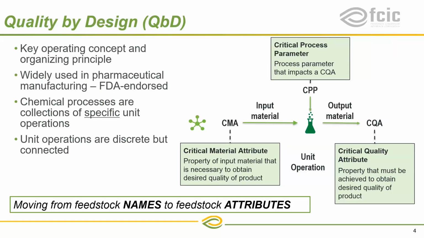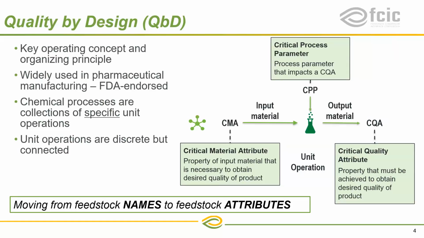And each of these unit operations, as shown in the graphic here on this picture, we have input materials, we have output materials, and that unit operation gets operated in a certain manner. Now, the attributes of the input materials are called critical material attributes. These are the things that we need to measure about the material coming in.